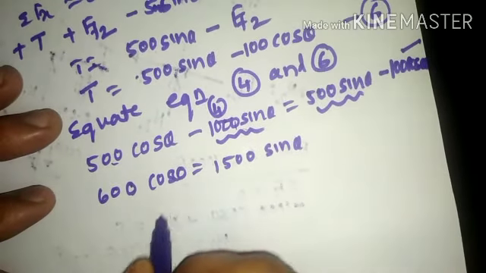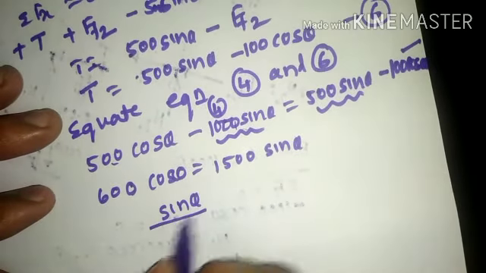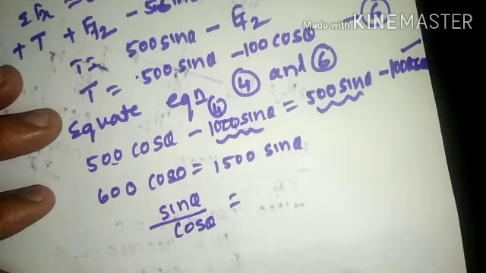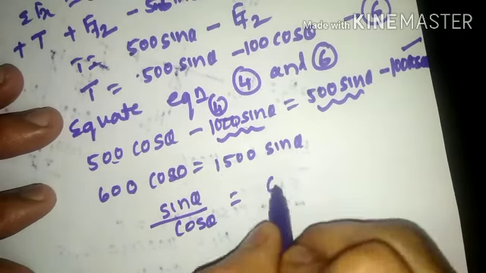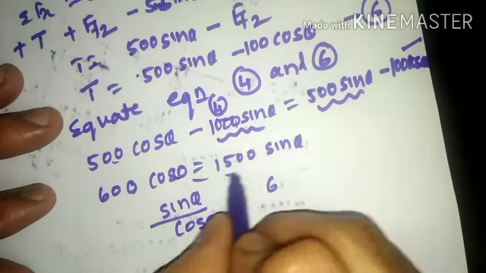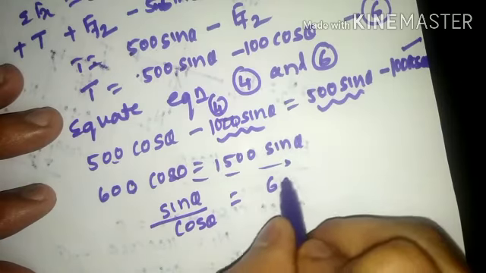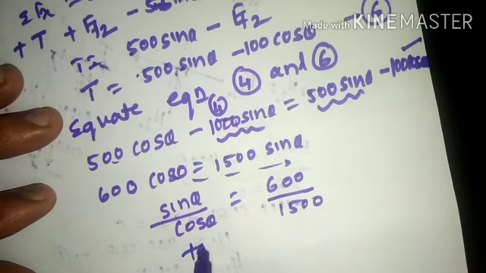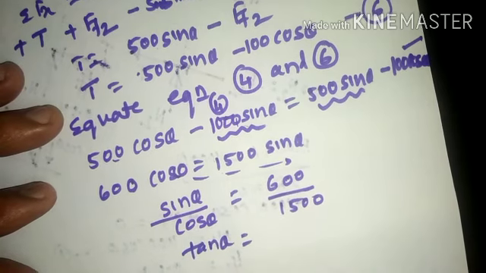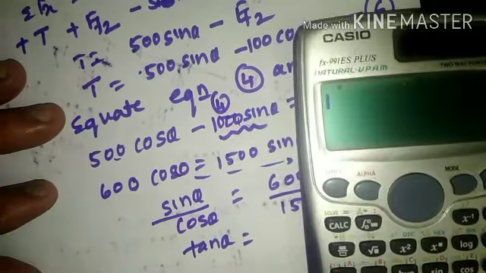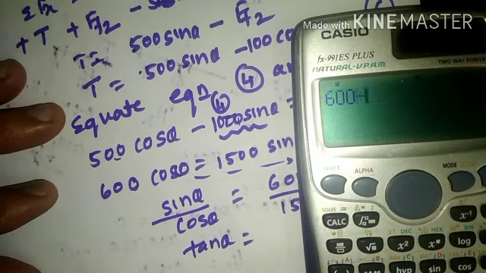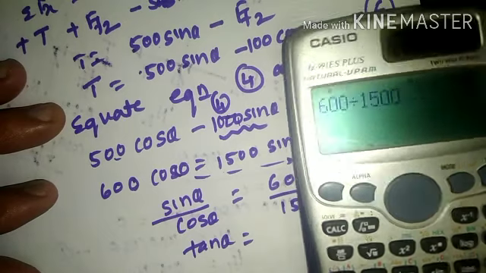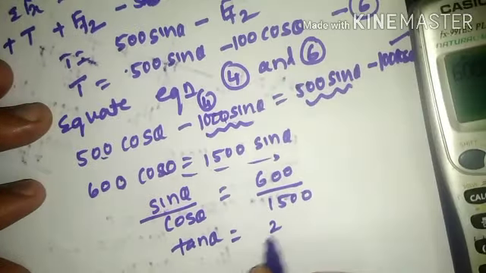Reframing this equation, sin of theta divided by cos of theta, that is tan of theta, will be equal to 600 divided by 1500, which comes out to 2 by 5.